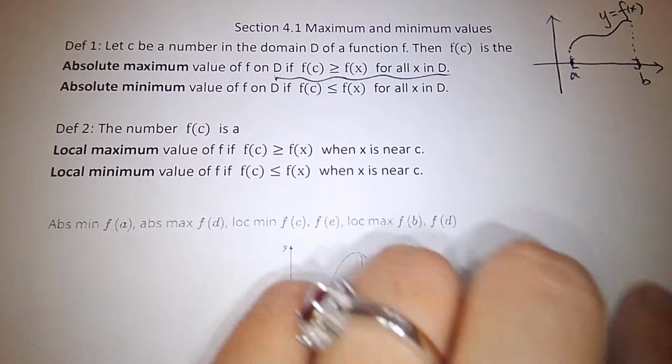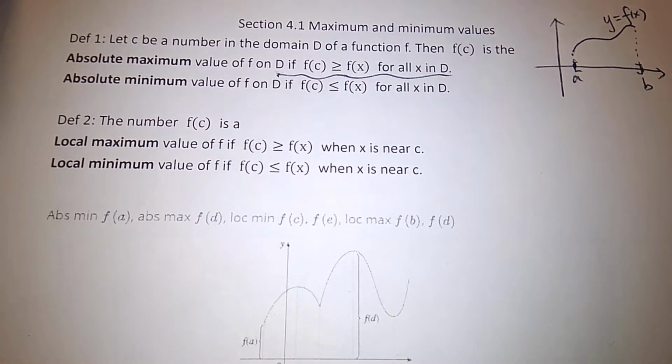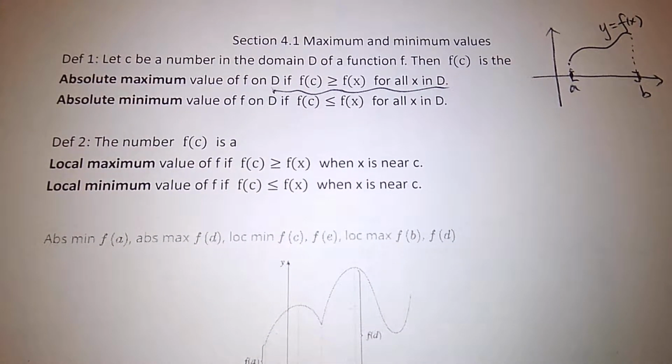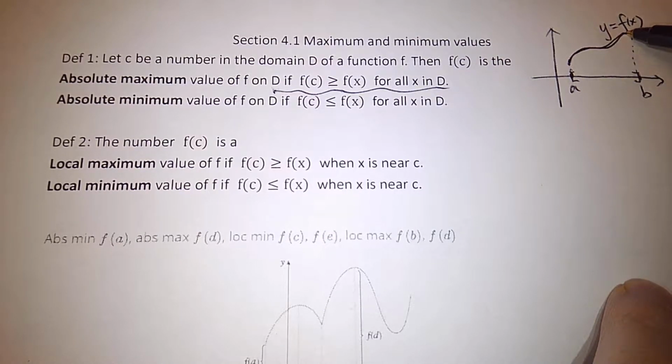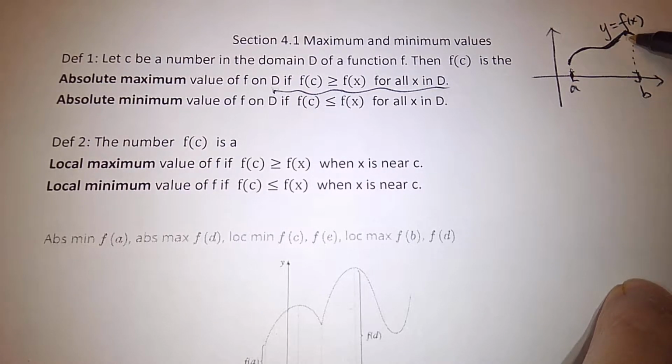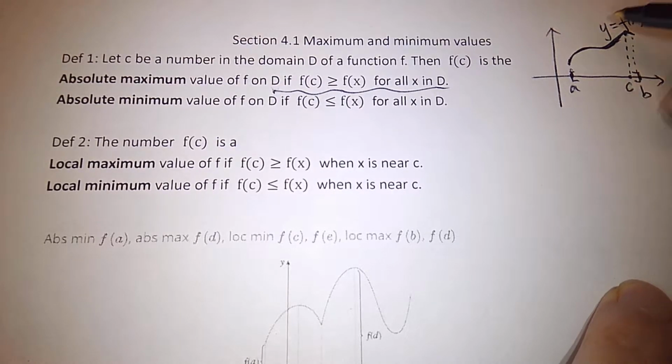So now from the current graph, do you see a highest point on this curve? About here, right? This is going to be our c value. Why?